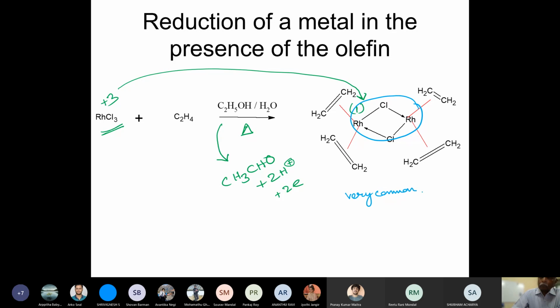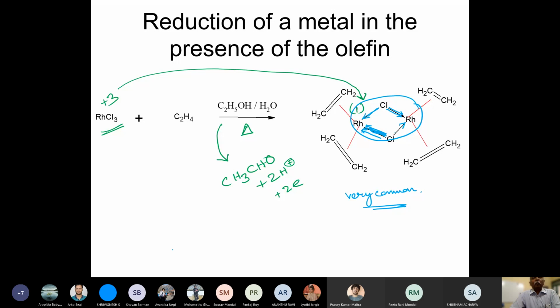What is happening is the chloride ions are 1 electron donors in the neutral method. They are 1 electron donors on one side and they are 2 electron donors on the other side. If I have to indicate it with number of arrows, I should put it like this actually: 2 electrons on one side and 1 electron on the other side.